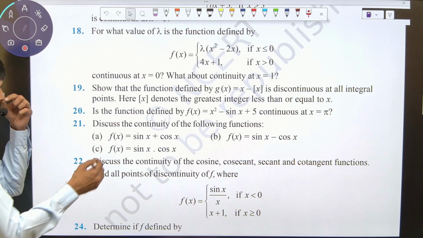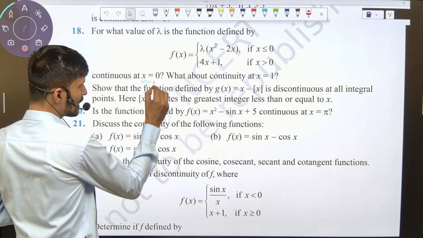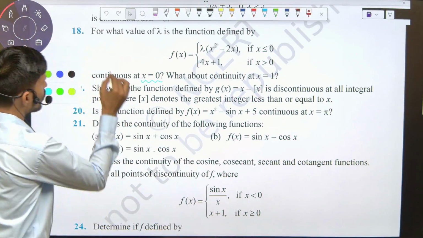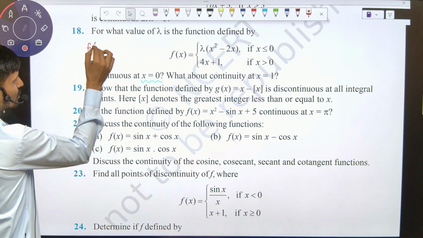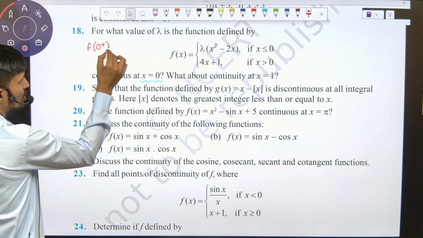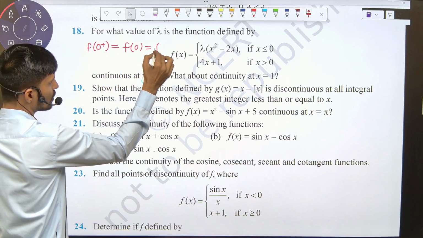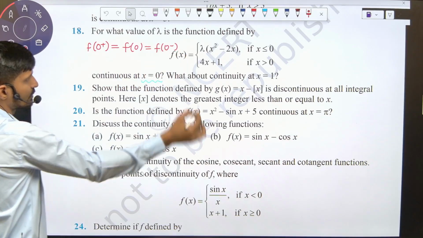Now here, it is continuous at x equals 0, na? So what does it mean? f of 0 plus is equal to f of 0 is equal to f of 0 minus.